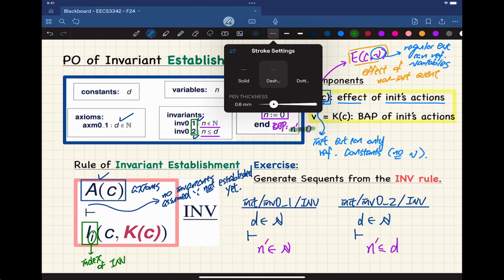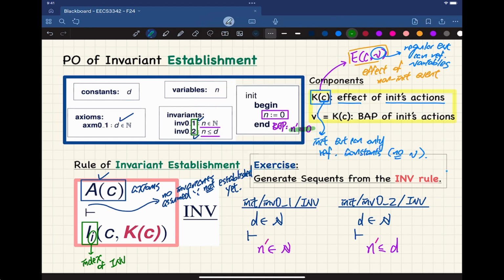So if you try to draw the connection here, one will be from here to here. The other one will be from here to here. Okay, hopefully that's clear enough for you. All right, so the final answer would be n prime can just be substituted by 0.